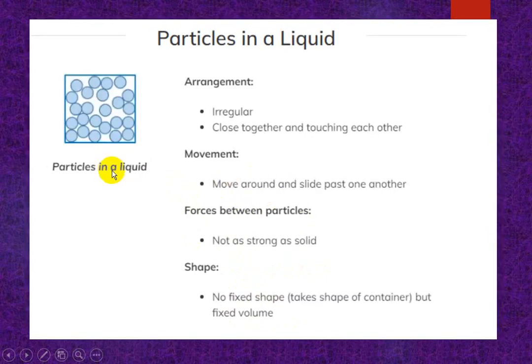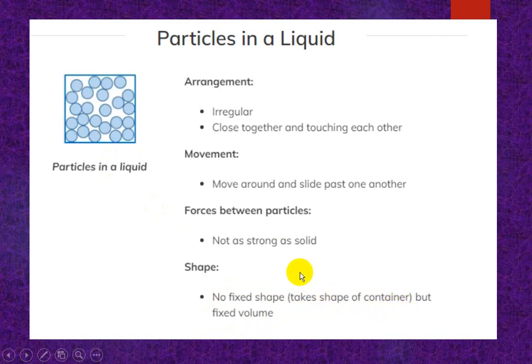Particles in a liquid are irregular and close together, and they move around, sliding past one another. The forces between particles are not as strong as in solid. Liquid has no fixed shape; it takes the shape of its container but has fixed volume.